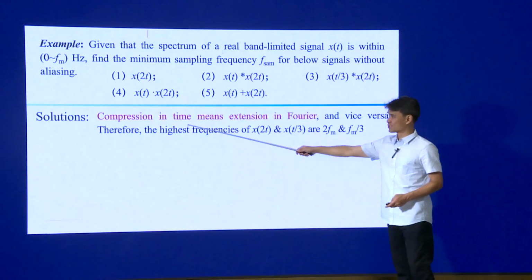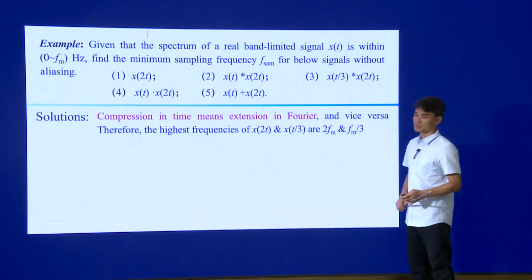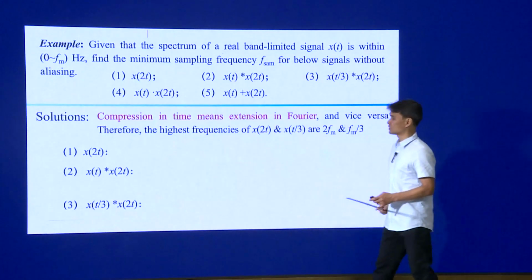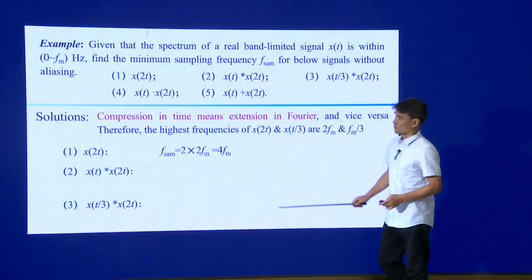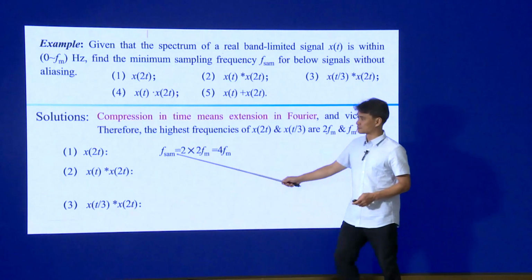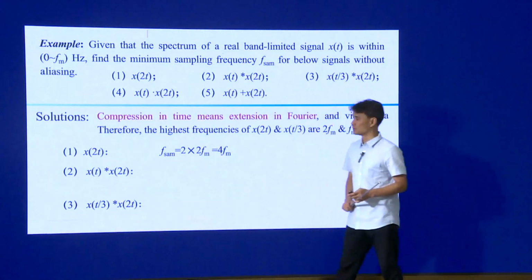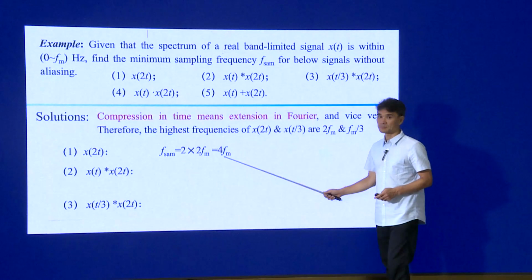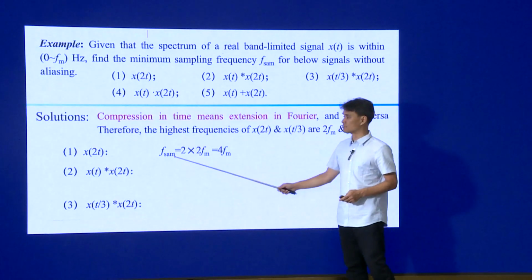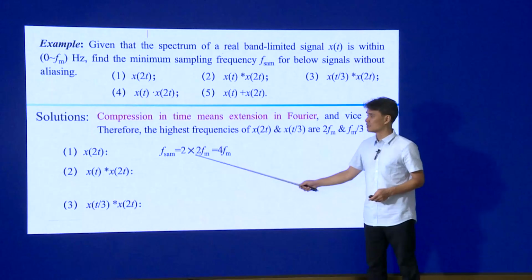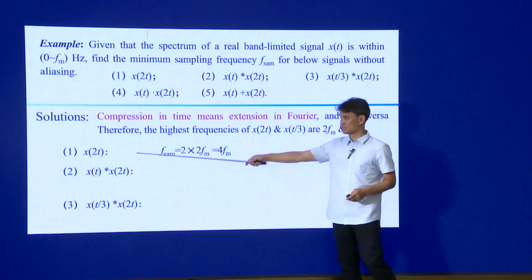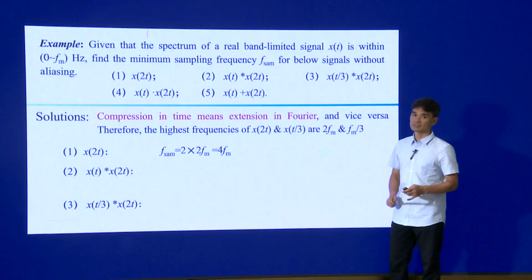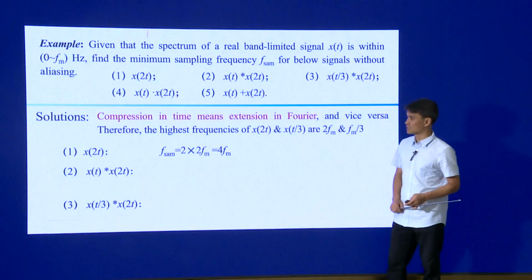Because compression in the time domain corresponds to extension in the Fourier domain, for the first situation, the maximum frequency for this signal is twice the maximum frequency of the original signal, so the minimum sampling frequency has to be twice the maximum frequency for that signal. So the minimum sampling frequency is 4 times f sub m for the first signal.